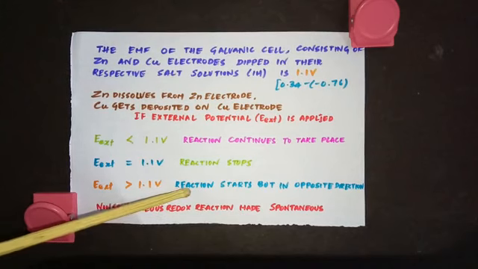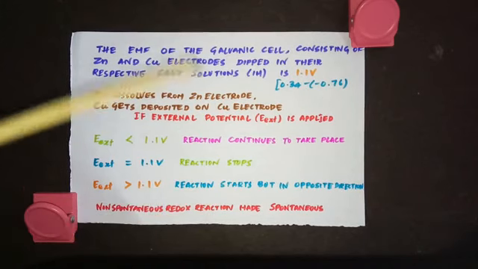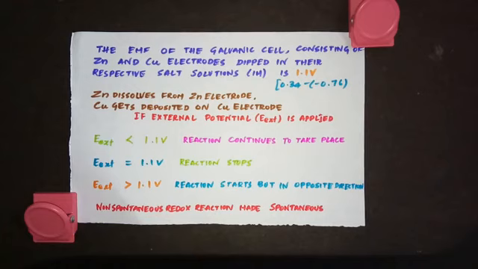What happens? Again the reaction starts, but it goes in the opposite direction. The flow of electrons will be from copper to zinc, while current will flow in the opposite direction, which means copper will dissolve from the copper electrode into the solution, and at the same time zinc will get deposited on the zinc electrode.